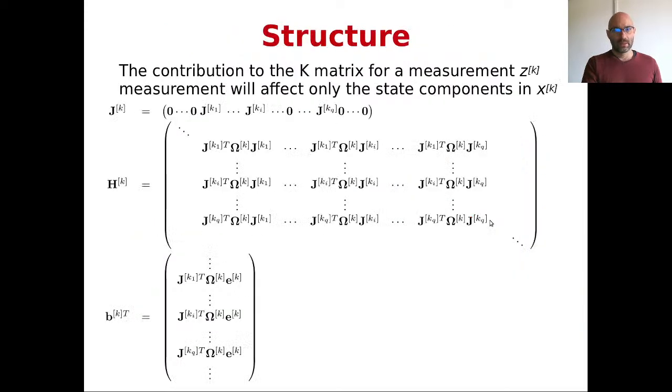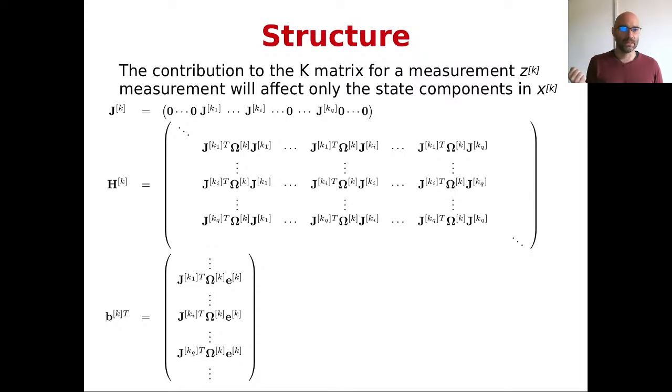Now, highlighting the sparsity, which means that not all nodes are connected with all others, leads to a consideration on the structure of the Jacobians and of the linear system. We have already seen that if an error function depends on a subset of variables, only the blocks of the Jacobian of this error function that are related to the connected variables will be non-zero.